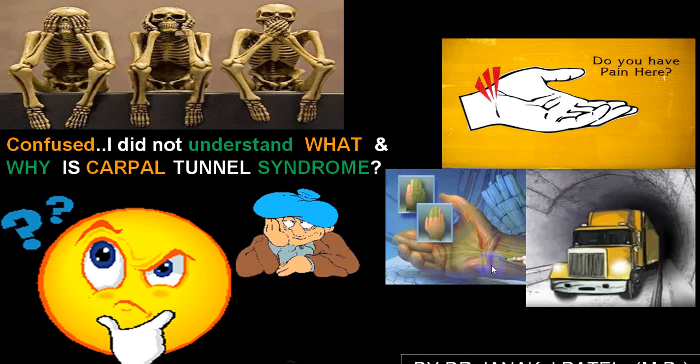In continuity with the previous lecture series, today we'll be discussing another interesting topic in compressive neuropathy, that is, compression in some parts of the body. We call it compressive neuropathy, and one of the most common, which you can see in everyday practice, is carpal tunnel syndrome.